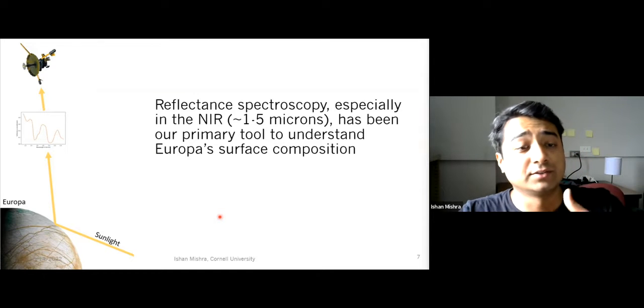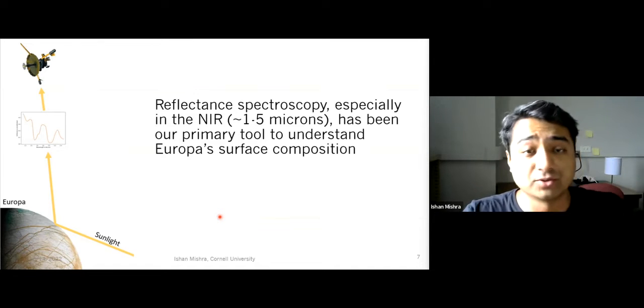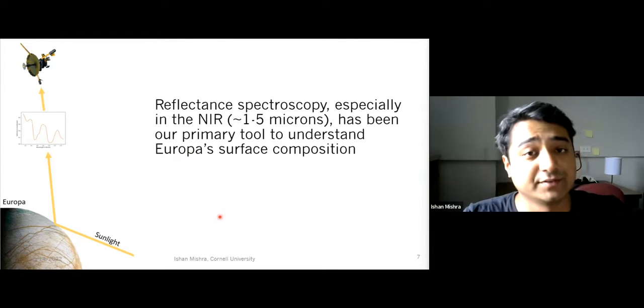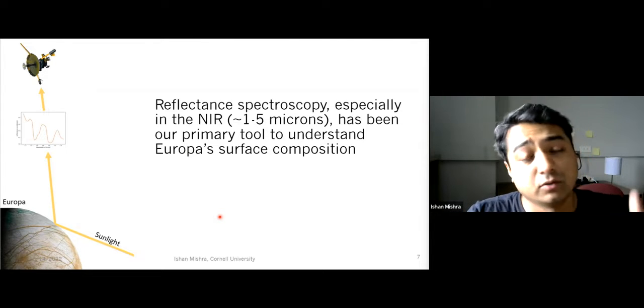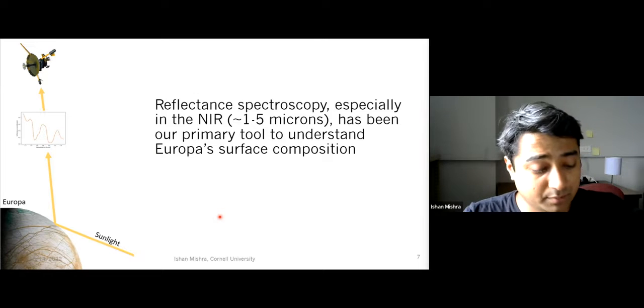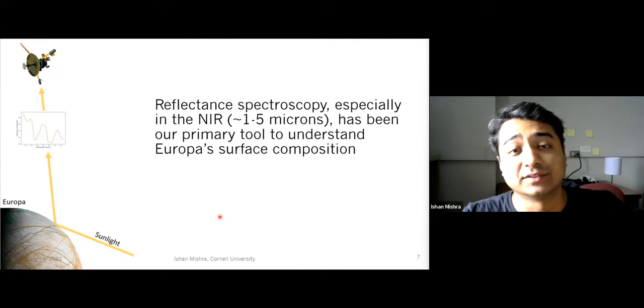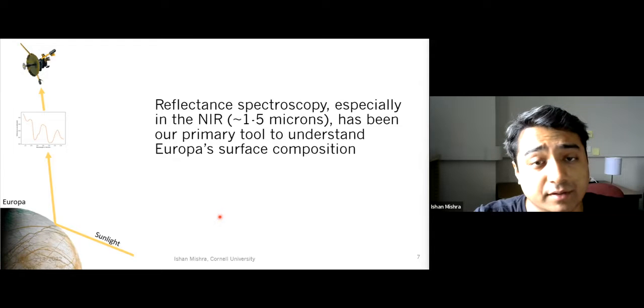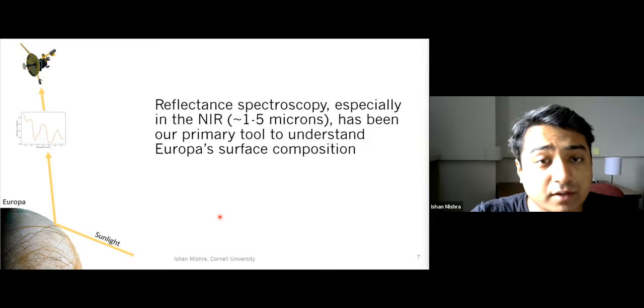Even future missions that are going to Jupiter, like JUICE or Europa Clipper, also have a spectrometer that spans this region. And I'll go into more detail about the value of this wavelength region in terms of organic characterization in a later part of the talk.